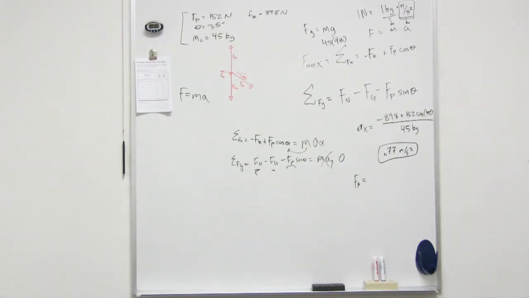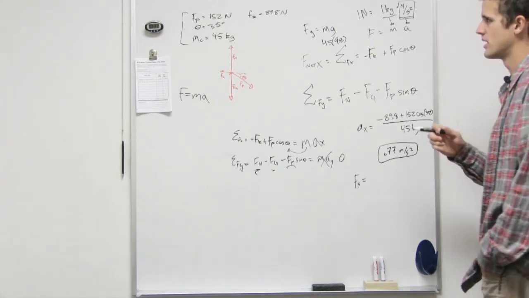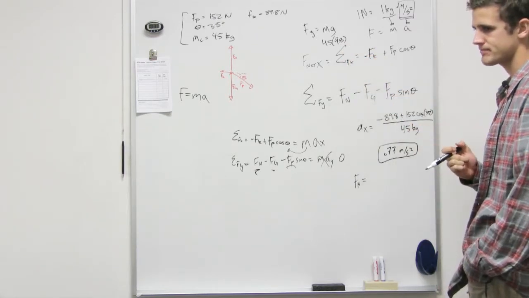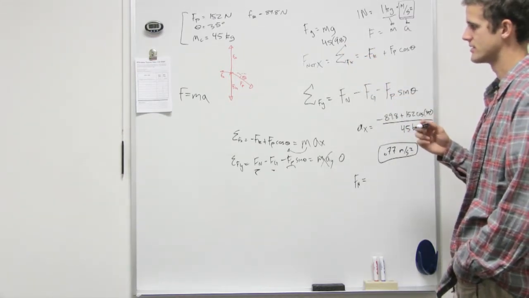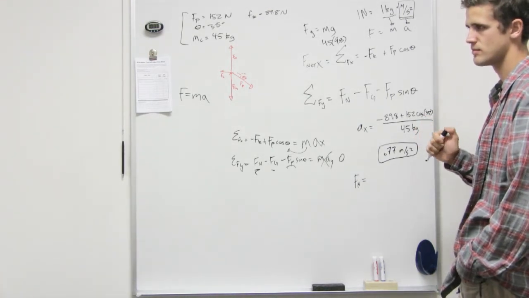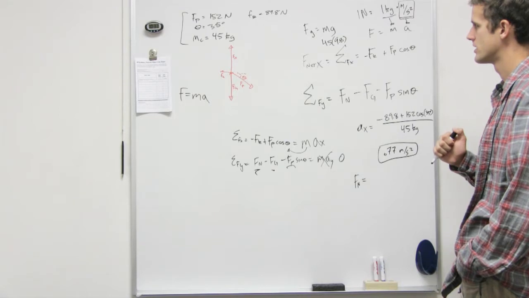Okay. So that's something you just have to watch out for, because mass isn't your force of gravity. It's actually the mass times the magnitude of the acceleration of gravity. Okay.